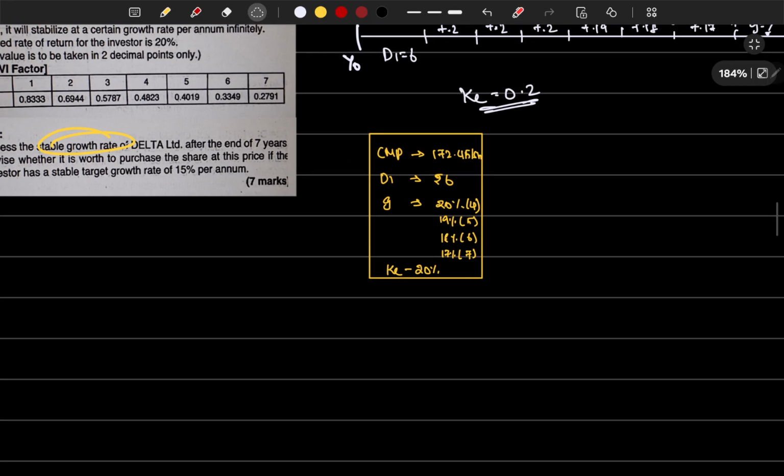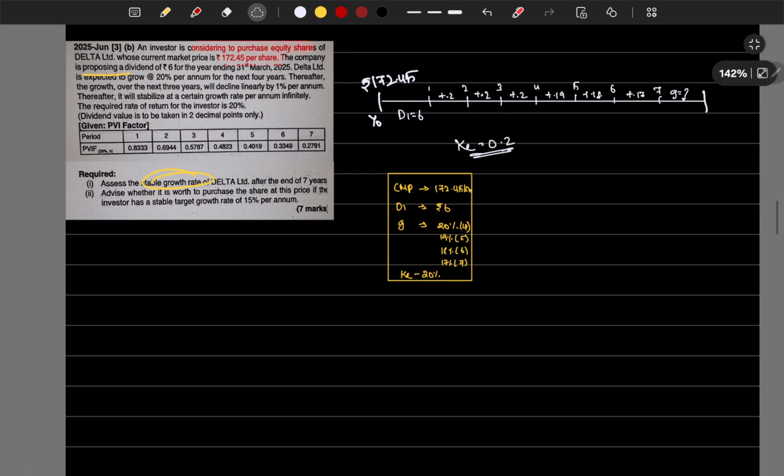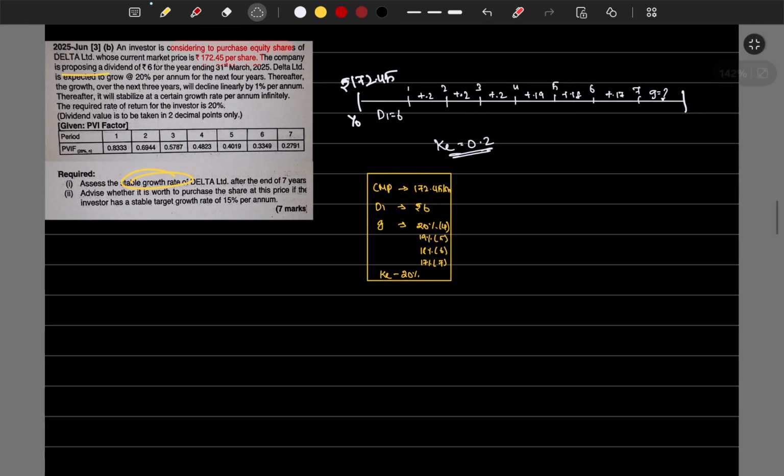Here the dividend, which is D0 into (1 plus G), is the cash flow, nothing but D1. Then the PV factor, the present value of the cash flow.